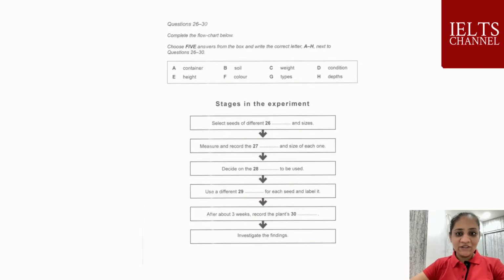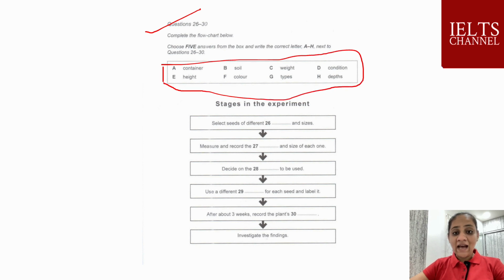Let's see the next question type, that is flowchart. In the flowchart the instructions are given in order, so if you can find one answer in the listening, you can correlate it with the other answers. Let's see which category they have given over here. Questions 26 to 30 are given, and for 26 to 30 you have to choose from A to H. A list of words is given.